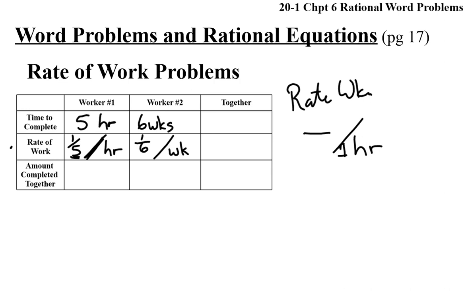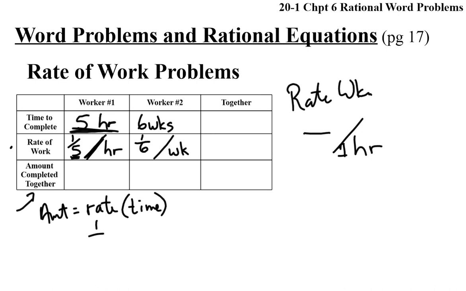Now the last part, the amount completed together. This is where we start to create the equation. Because if I'm working with someone, how much do I do of a job? Well, if it takes me 5 hours to do a job and I'm working with someone, I'm not going to do 1/5 of the job. How much gets completed? The amount is equal to the rate that I work at times the time that I'm working for.